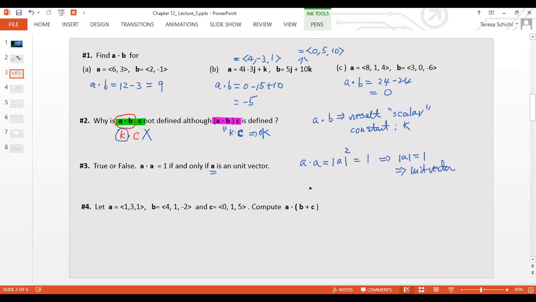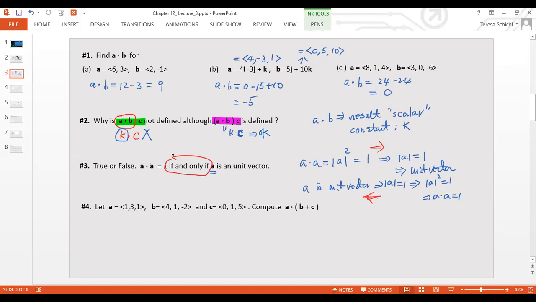Now we go backwards. If A is a unit vector, what does that mean? That means the length of A is equal to 1. That means the length of A squared equals 1. That means A dot A equals 1. So the proof goes this way, and the above goes the other way. So that's why the statement is if and only if.